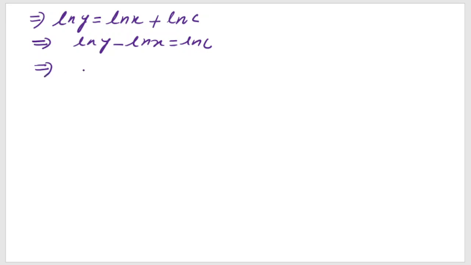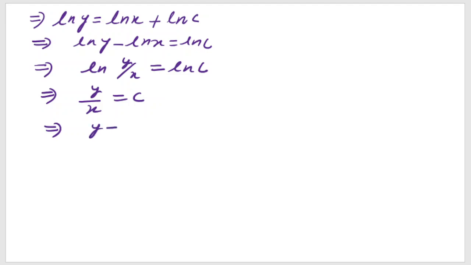So here it is ln y by x is equal to ln c. So I can get y by x is equal to c. So y is equal to cx, and this implies cx minus y is equal to 0. So this is our first solution.